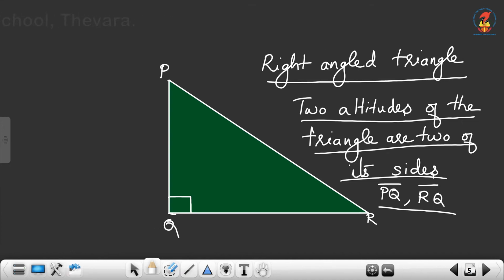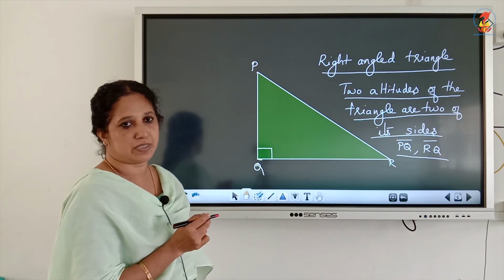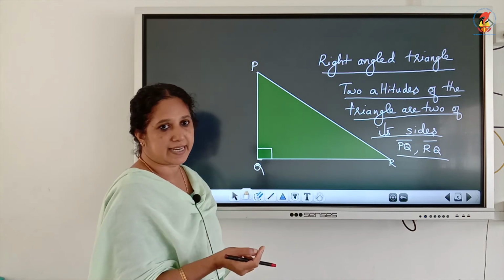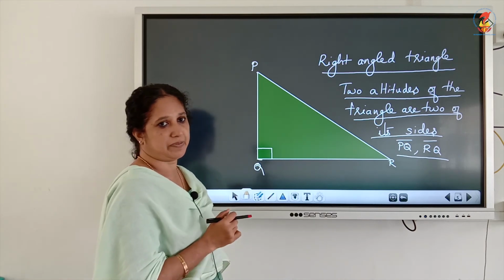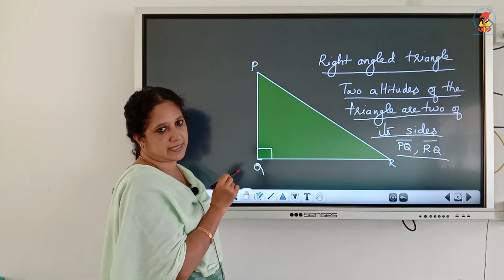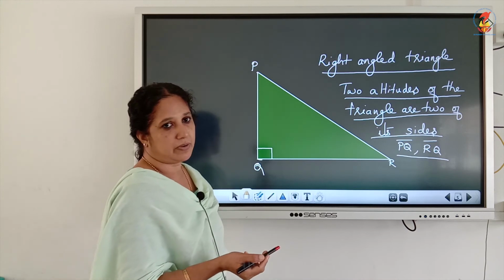That means PQ and QR represent the altitudes. Now, a triangle has three altitudes. Two altitudes we already got in the case of a right angled triangle. They are the sides themselves, because these two line segments are perpendicular to each other. And we have one more altitude.